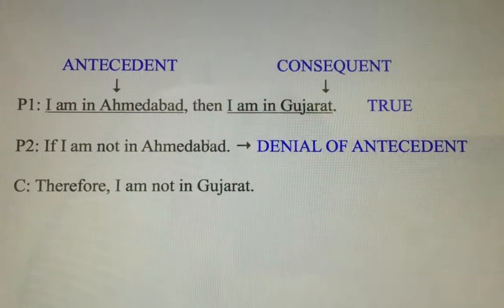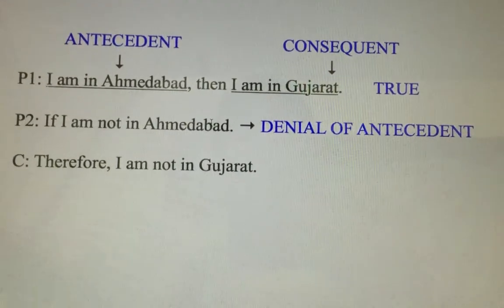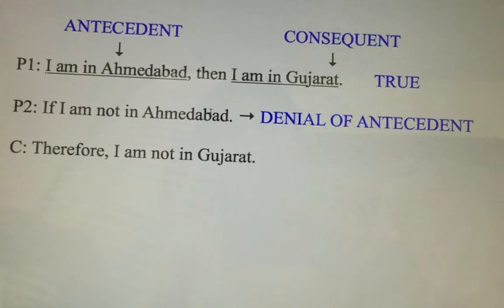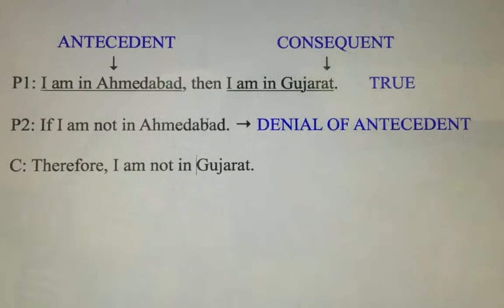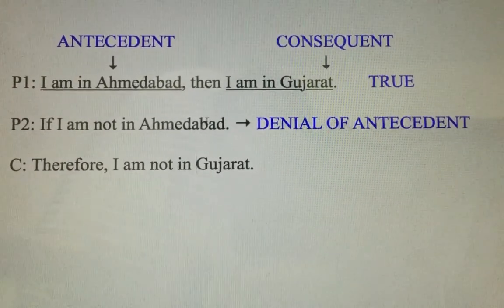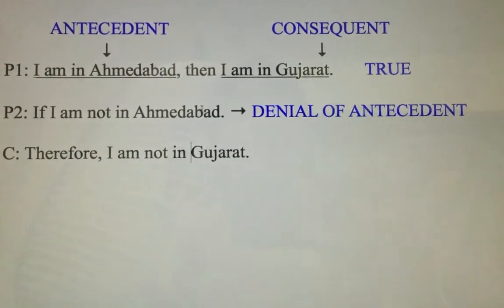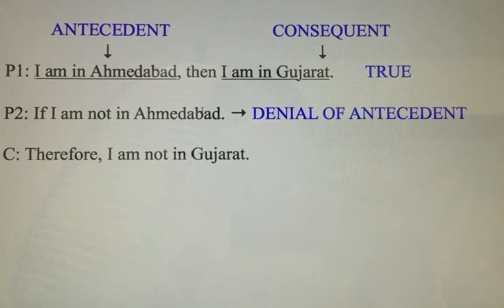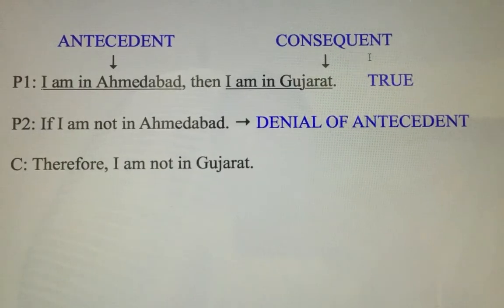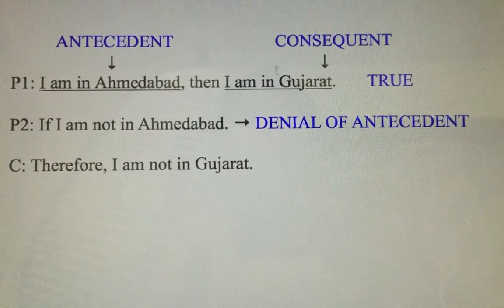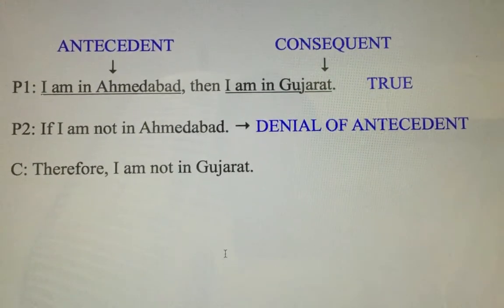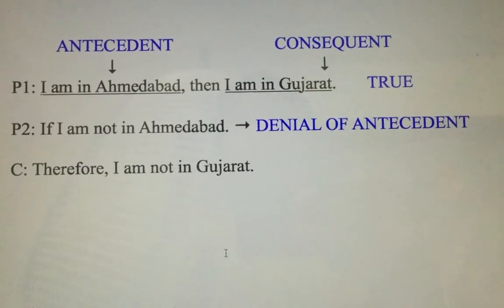Then it becomes the denial or negation of the antecedent, because it is exactly the opposite of what I told, that I am in Ahmedabad. Conclusion: Therefore, I am not in Gujarat. It is also the opposite of the consequent, so it is known as the negation of the consequent.